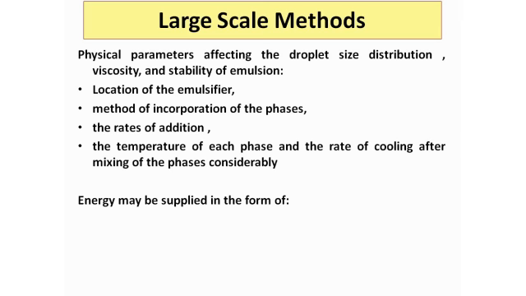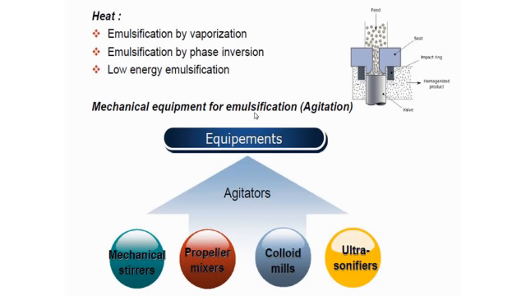Now, energy may be supplied to the emulsion in the form of heat, or in the form of homogenization or agitation. So let's discuss how the energy can be supplied. The first one is heat.